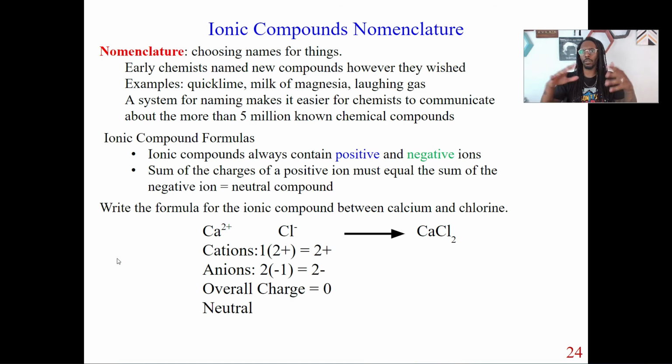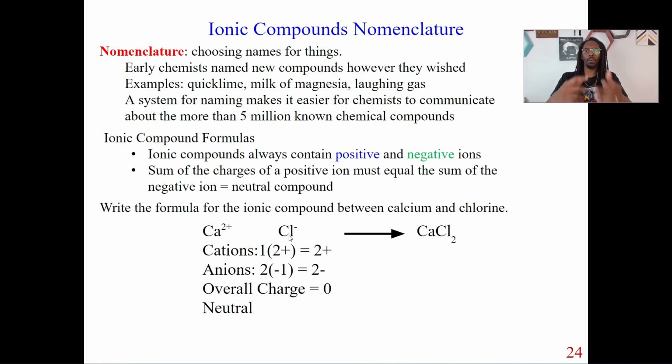They're fairly reactive metals. Another thing that they have in common is they all have a positive 2 charge. We'll get to the reason why later on, but for now I just want you guys to start memorizing, right? Alkaline earth metals have a positive 2 charge. So in this case, calcium has a positive 2 charge.